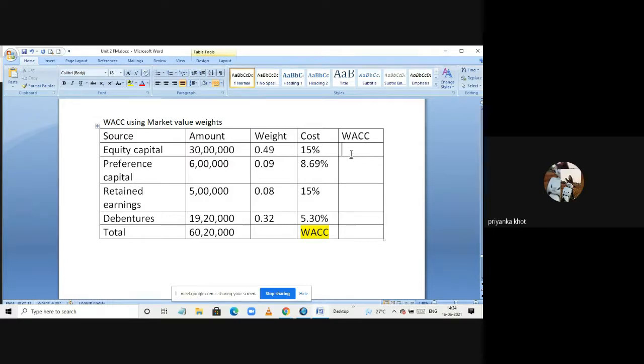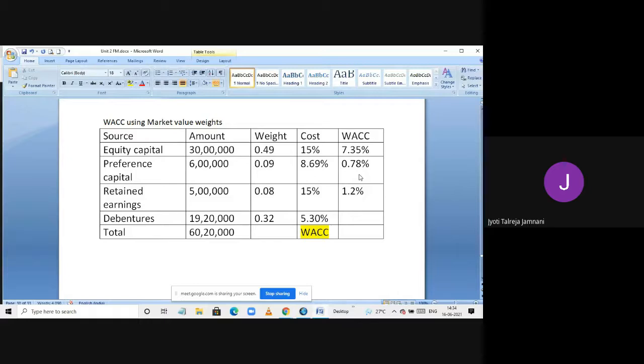Now you can multiply 0.49 into 15. You will get 7.35%. Next, 0.09 into 8.69 is 0.7821. We'll take it as 0.78. 0.08 into 15 is 1.2.